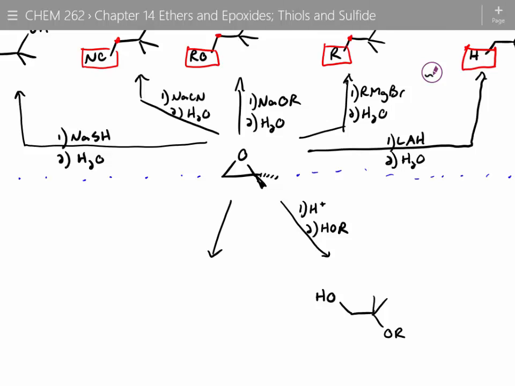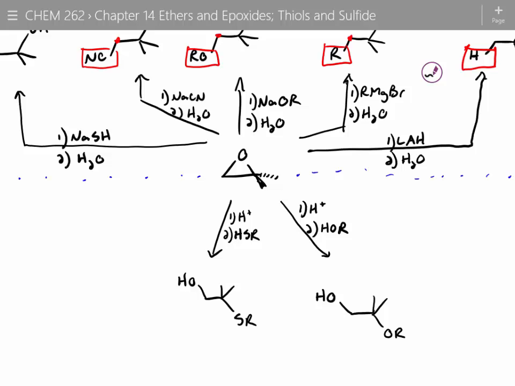If we do this same one, where we add in H+, followed by a thiol, so HSR, it will still add into that more substituted side, but now we get something called a thioether.